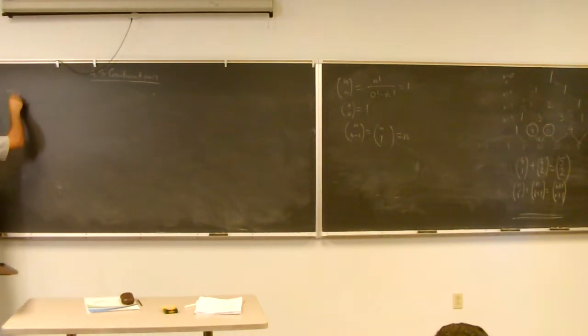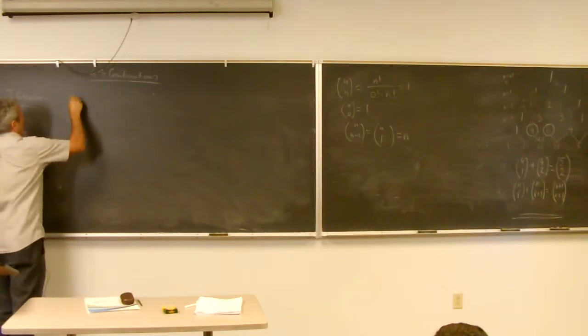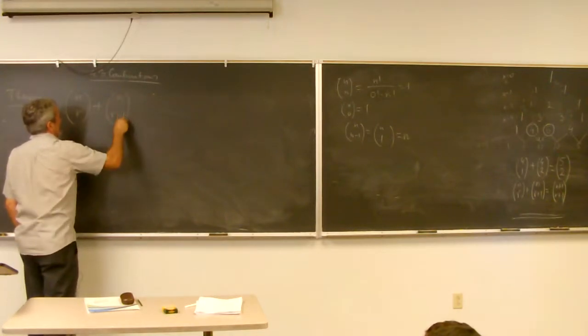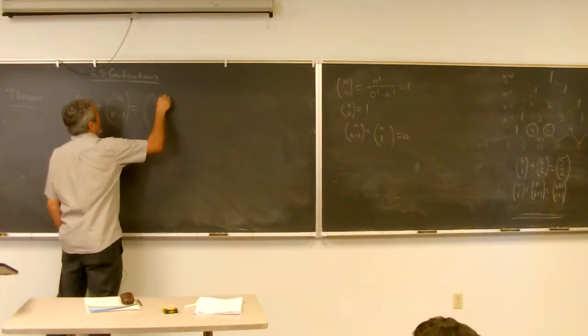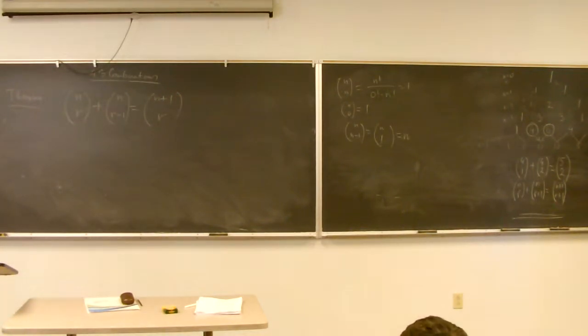Theorem. n choose r plus n choose r minus 1 is n plus 1 choose r. If you take 2 consecutive choices, or binomial coefficients, that's how we call them, then you will get the coefficient on the next level with the higher r.